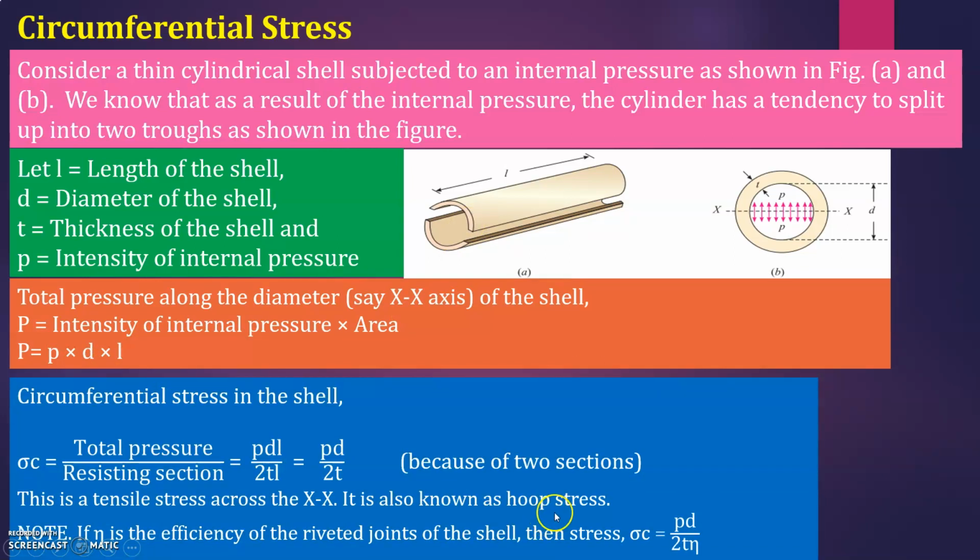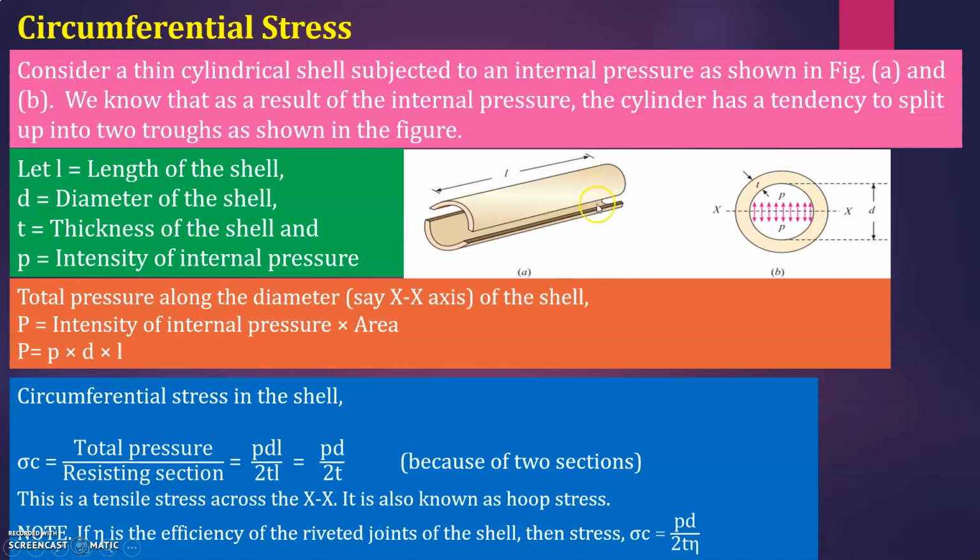Now you have to calculate the circumferential stress in the shell. It is given by sigma C equal to total pressure divided by the resisting section. The total pressure you have calculated is P into D into L. The resisting section is the resisting force to the pressure developed.